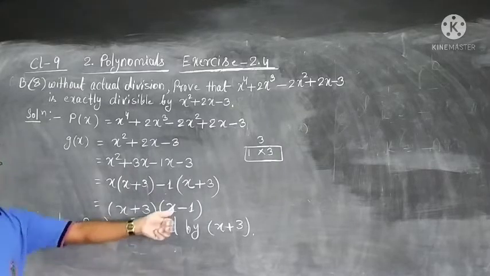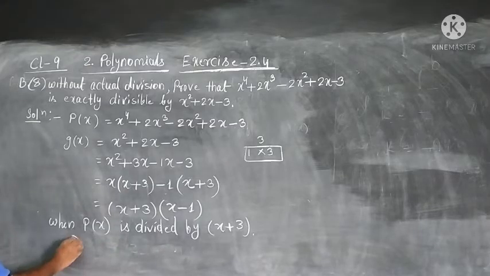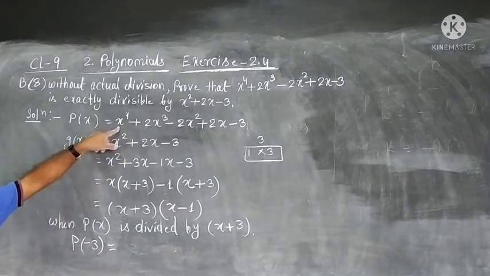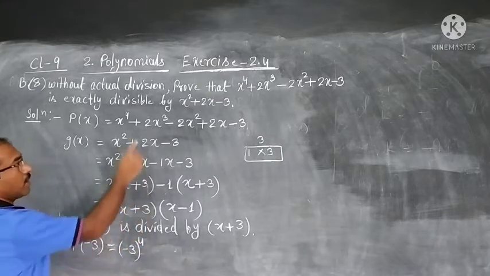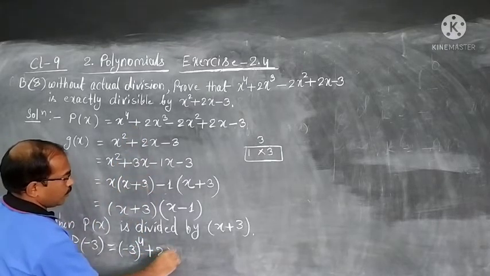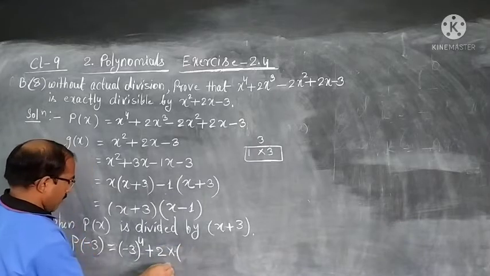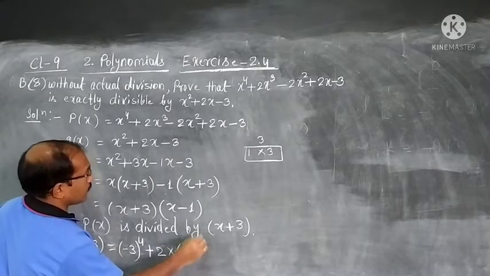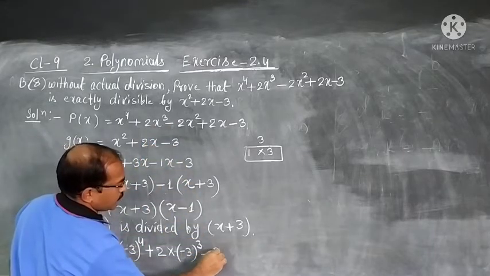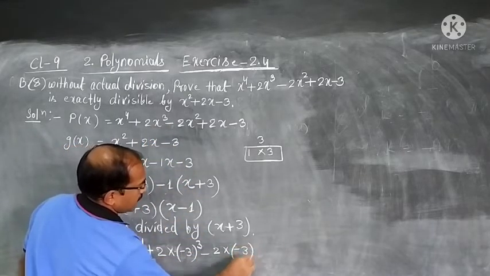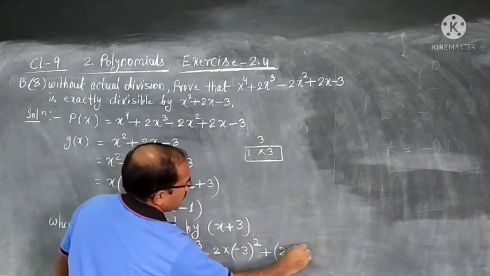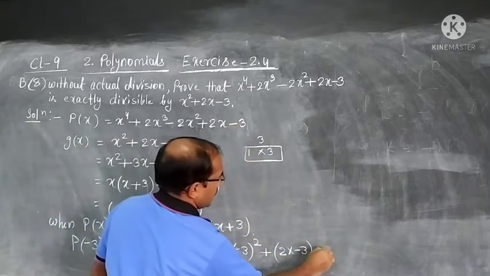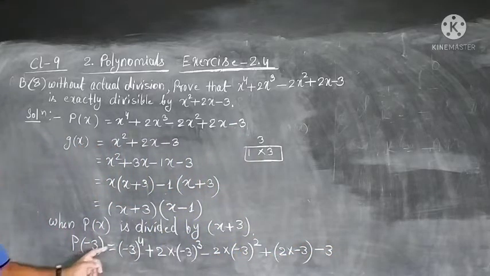So, when p(x) is divided by x + 3, we will use p(−3), putting −3 in the polynomial given as dividend: (−3)⁴ + 2(−3)³ − 2(−3)² + 2(−3) − 3.